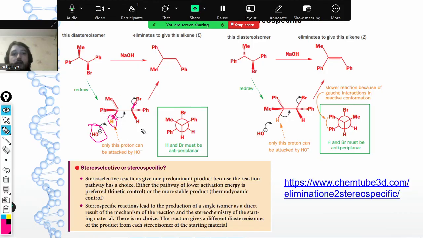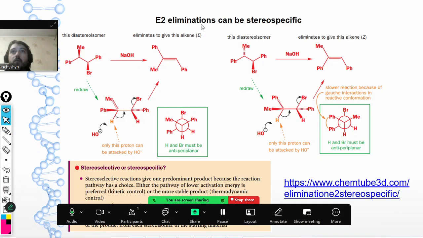So this is the only configuration when this proton is on one line with the bromine, and that's basically what we get. So there is no other option. So this is a stereo specific elimination.